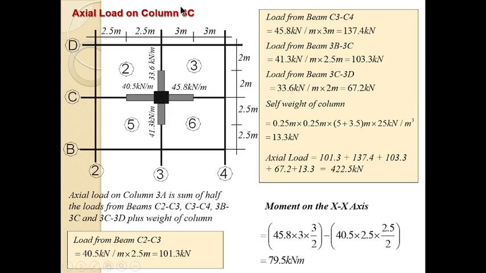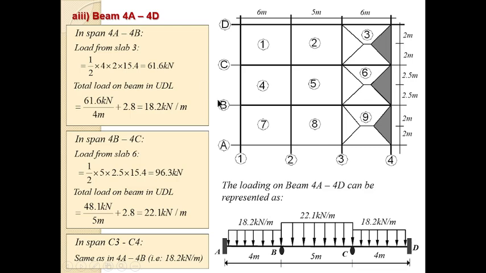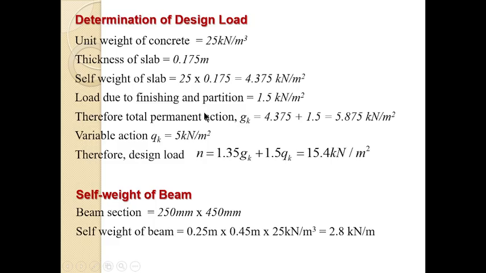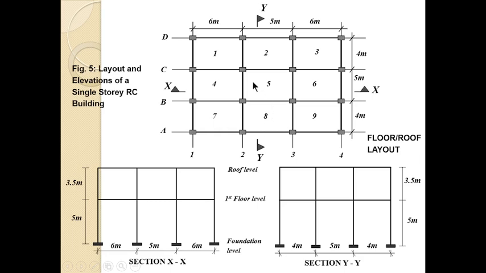We are looking for axial load on column 3C. Let's go back. This is the main layout. Column 3C, where is grid line 3? This is grid line 3C. So this column is what we are looking at.